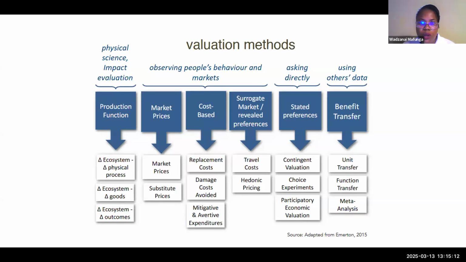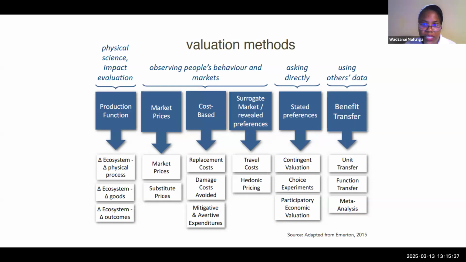And then we can use cost-based methods under the market-based methods again. With cost-based methods, we are estimating the cost of replacing an ecosystem service, or the avoided costs if that ecosystem service continues to be in existence.